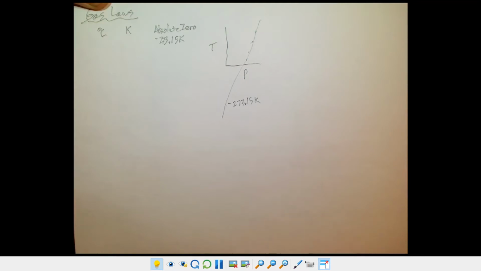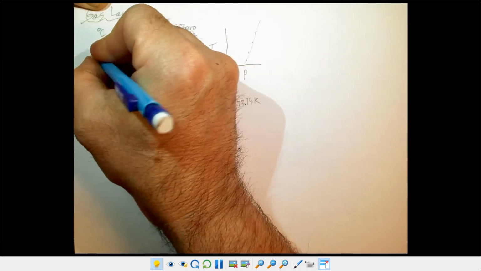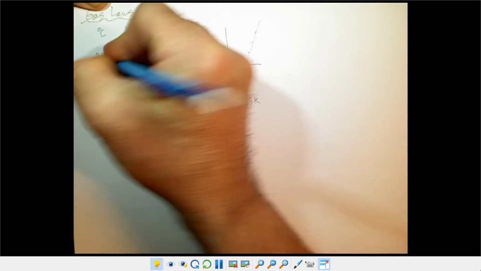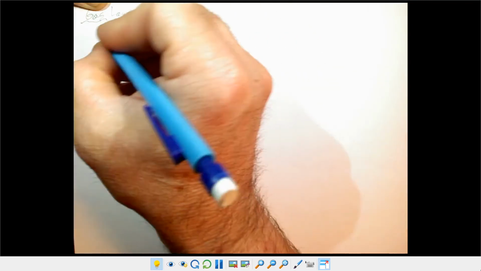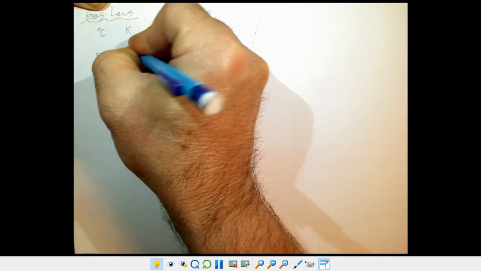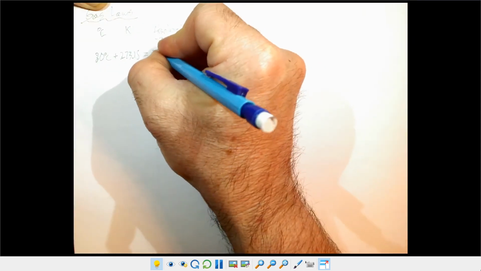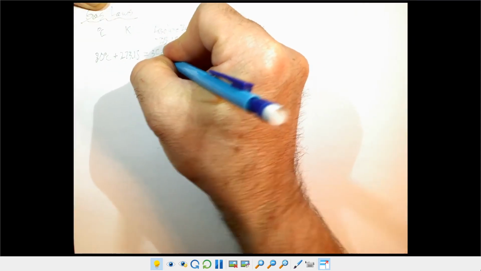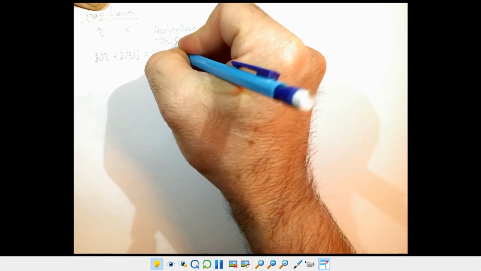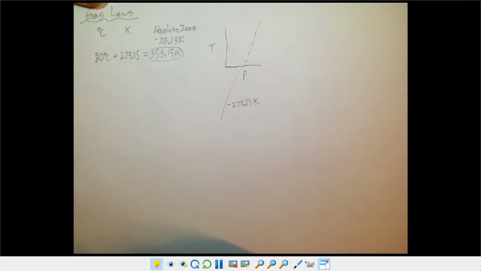So how do you actually do the conversion? That number is important because let's say that you had something that's 80 degrees Celsius and you want to convert it into Kelvin. You add 273.15 to that number, which would be 353.15 Kelvin. Just add 273.15.